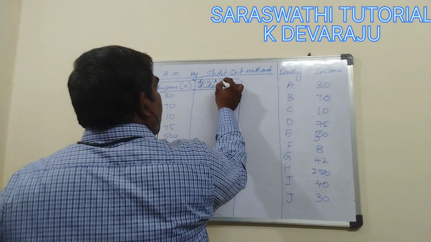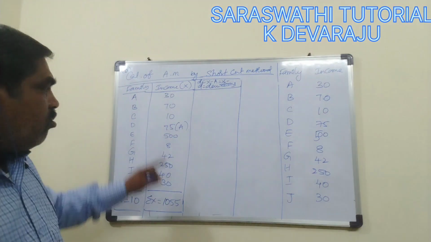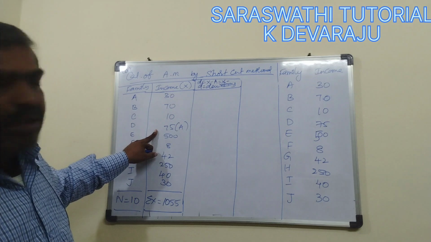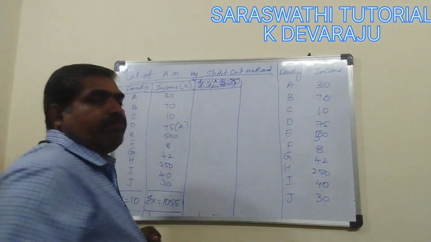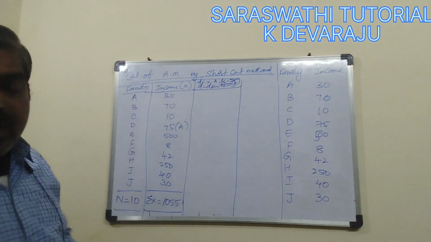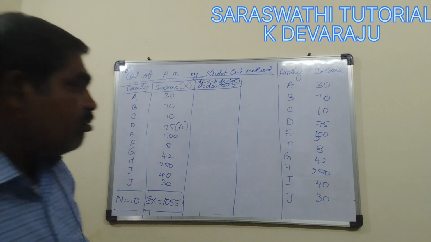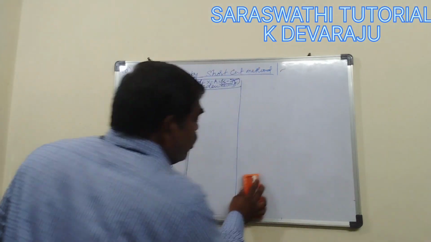Here I took A as 75, so it is X minus 75. Based on the 75, we are finding the deviations. How are we calculating the deviations? Simple.